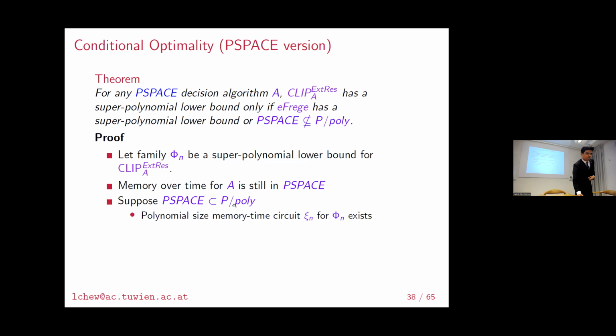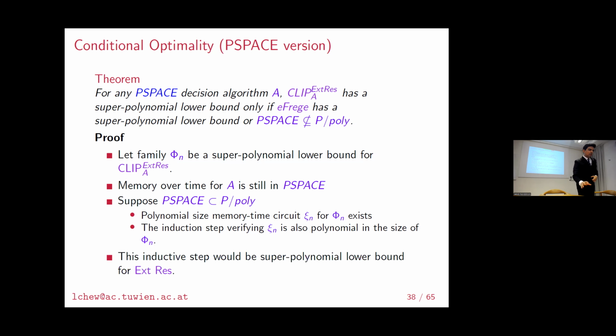Then our memory-time circuit is going to be small because of this complexity assumption. And then we have this induction step verifying that this thing is true, and the actual statement of this co-NP statement is also going to be small. Therefore, there must be a super polynomial lower bound for extended resolution.